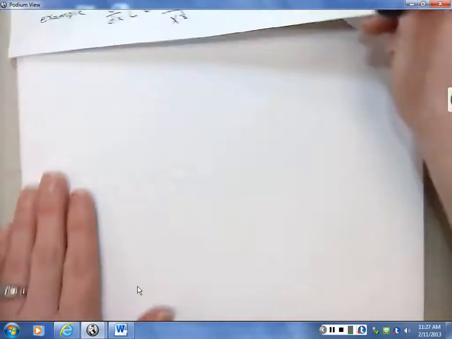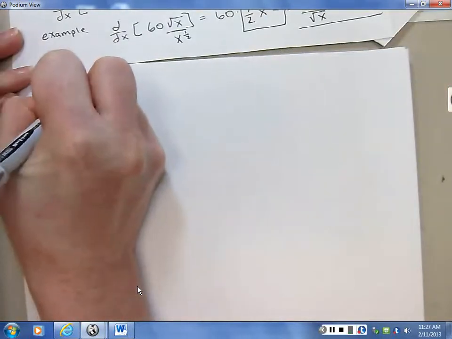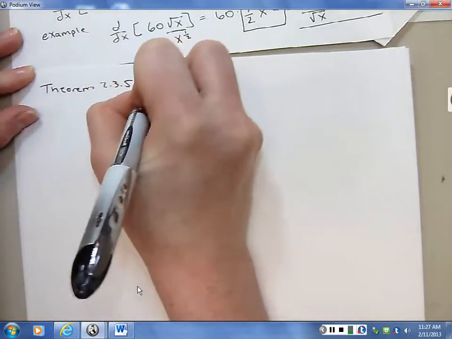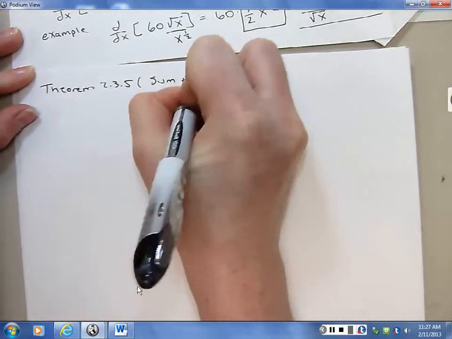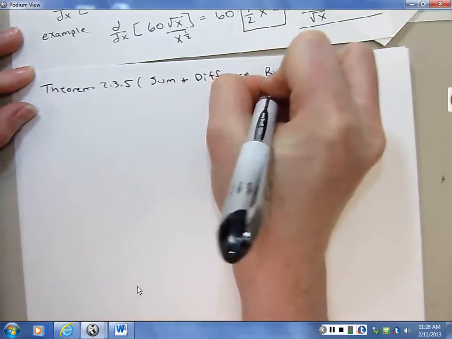So theorem 2.3.5 is the sum and difference rule, which is what you would expect.